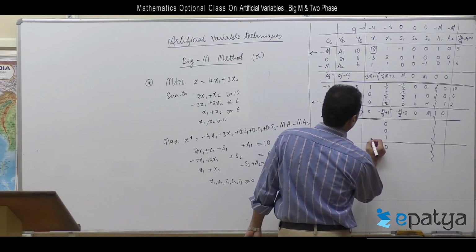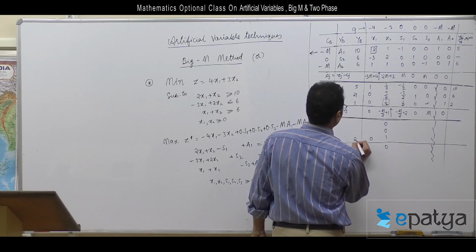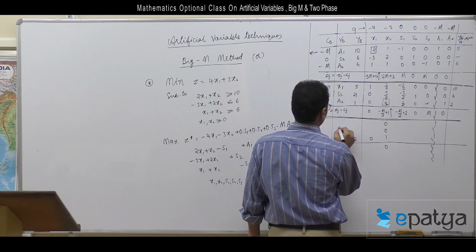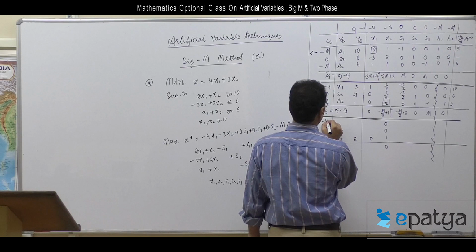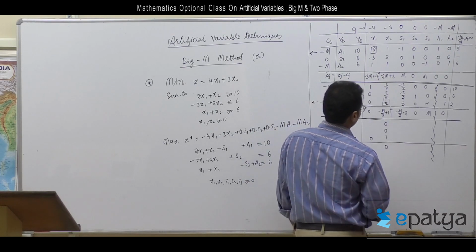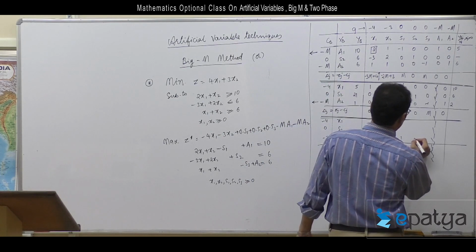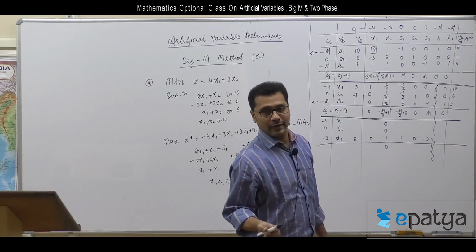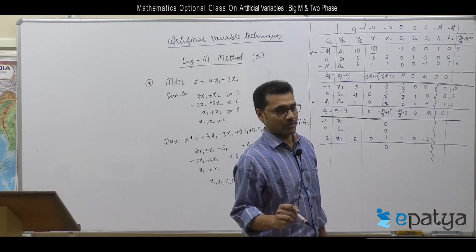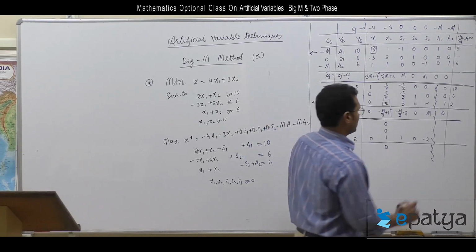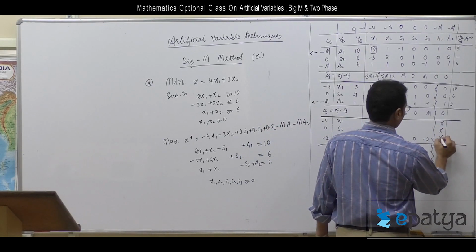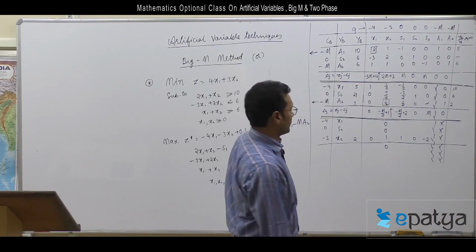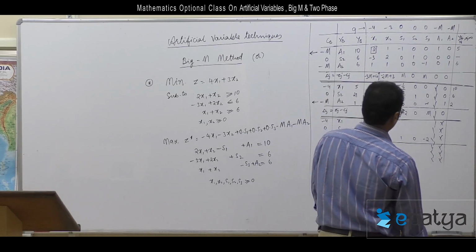Okay, 1 means this is 0, half means this is 2. A2 leaves and x2 enters, so x2 gives minus 3 here, S2 is 0, minus 4 is x1. Okay, 1, 1, 0, minus 2. Again, A2 entries, I stop computing them. Now see what happens.